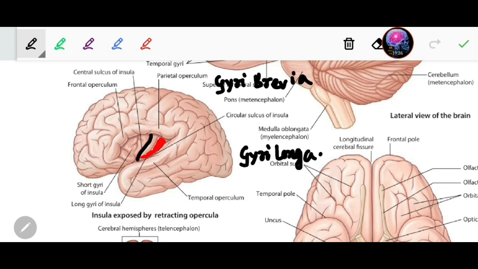The insula is hidden from the surface view by the overgrown cortical areas of frontal, parietal and temporal lobes. These areas are termed frontal, frontoparietal and temporal opercula. So this is the frontal operculum.